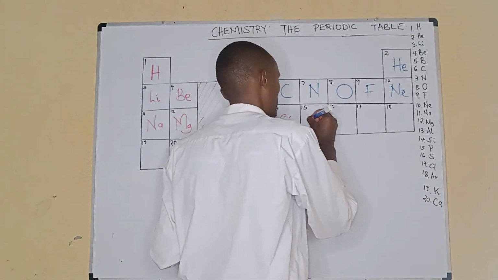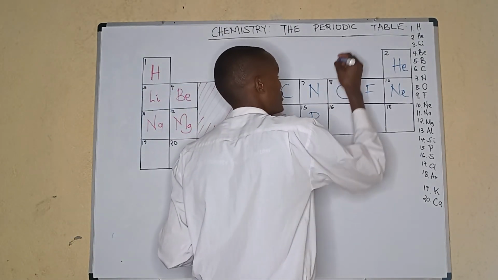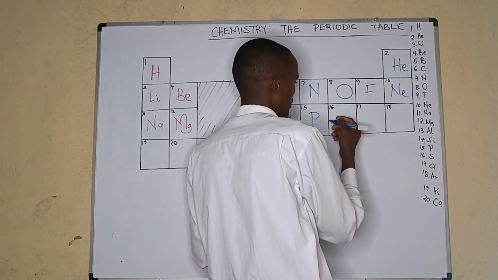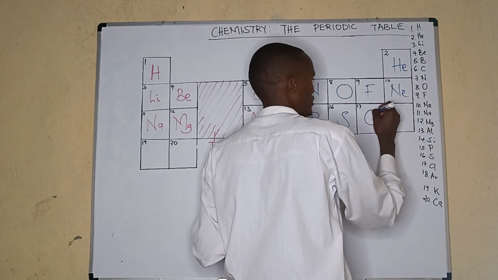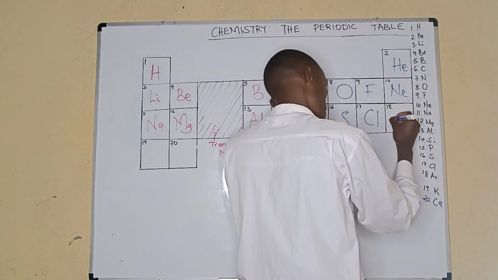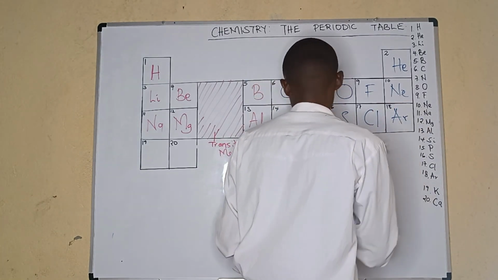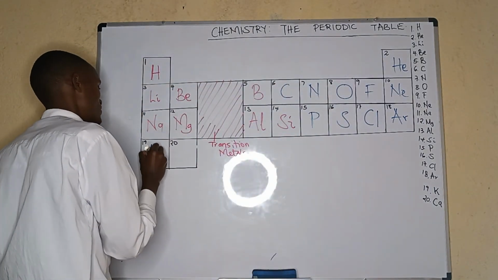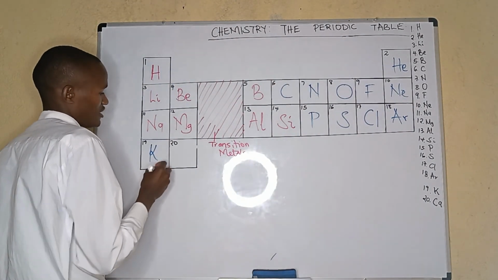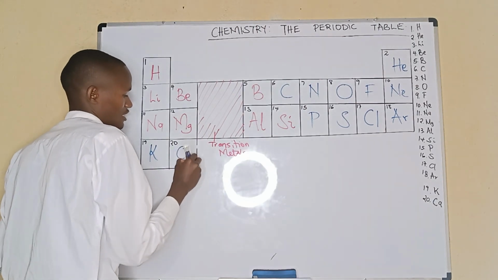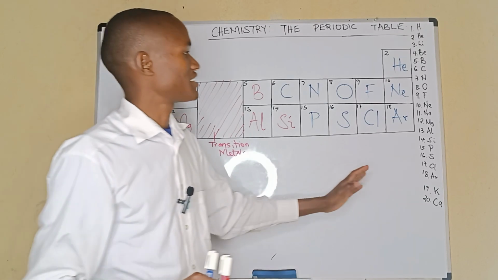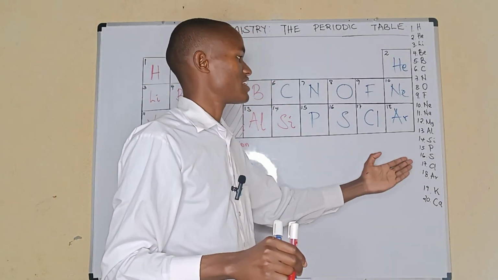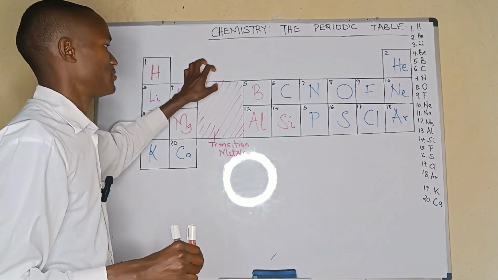Yes, phosphorus. 16 is sulfur. 17 chlorine. 18 argon. 19 is potassium, from kalium. 20 is calcium. Yes, we have just mapped our chemical elements using their chemical symbols into a periodic table grid.